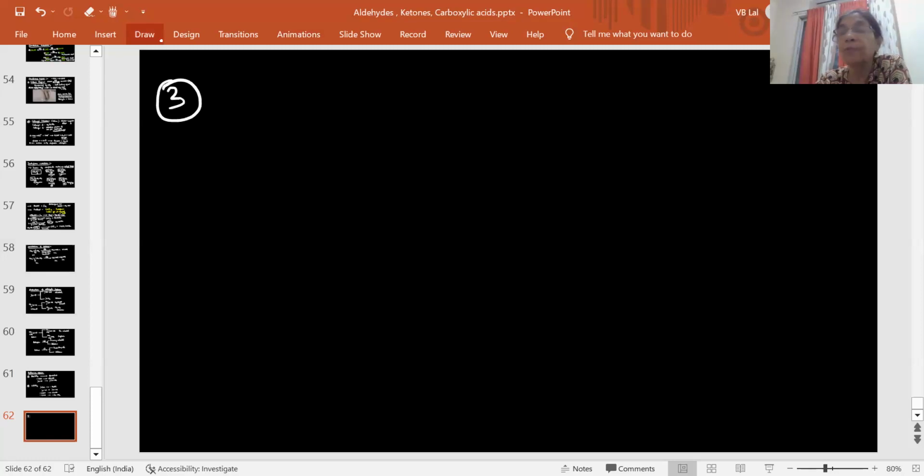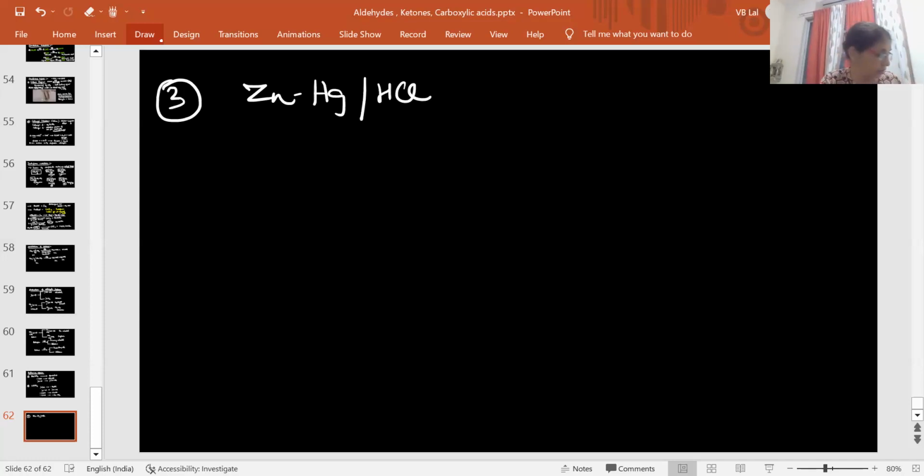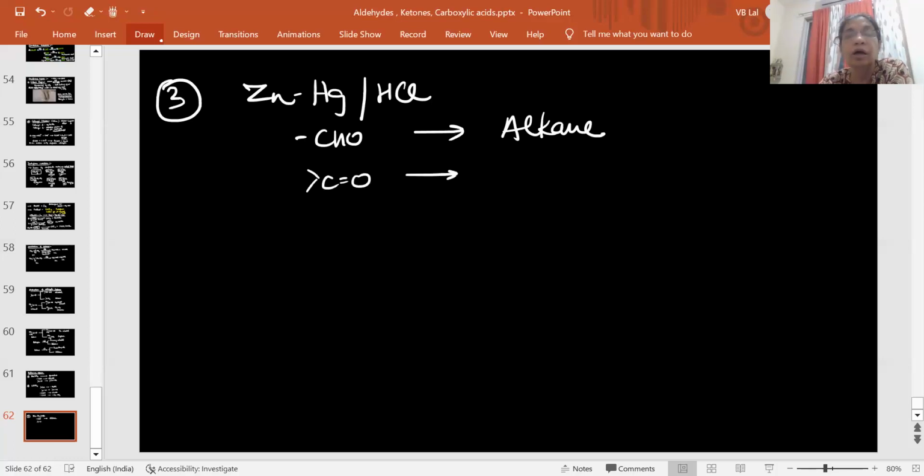The third one is zinc amalgam, Zn and Hg, and HCl. So zinc and HCl is a reducing agent which can convert CHO to an alkane, aldehyde to an alkane, or a ketone also to an alkane.